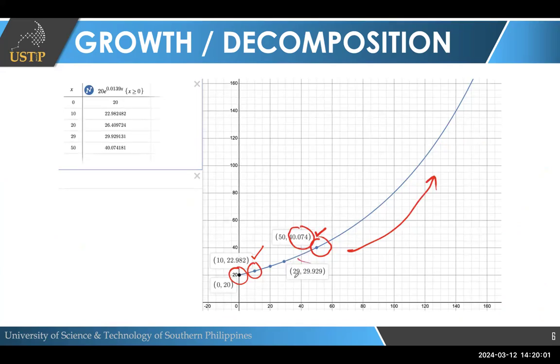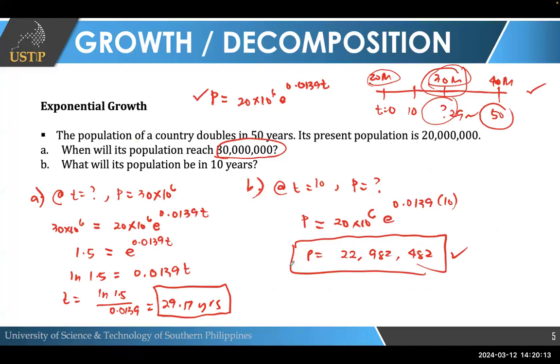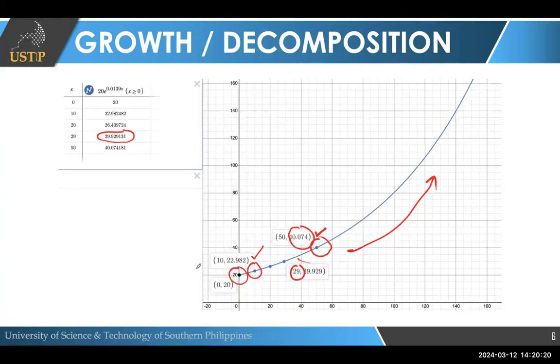But this 29 here, I can't see it. It overshoots a little, class. So let's look at it. At time equal to 29 or 30, this one. Okay? 29.17 years, it is slightly over 29. So it is not exactly 30 here, but it's almost 30.